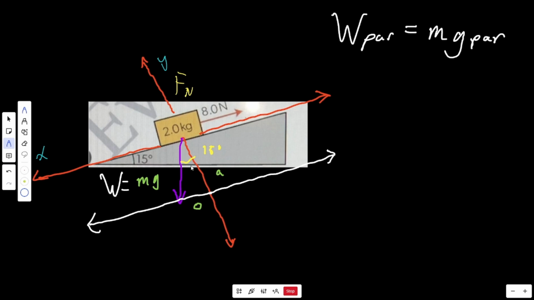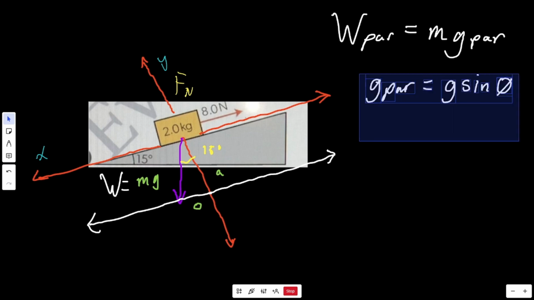Okay, so we can visualize this triangle here as both the triangle of vectors of the weight as well as the acceleration of gravity. So in order to get the opposite component, or the y component of our gravity, since we're working with sine here, gravity that's parallel will be equal to gravity times sine theta.